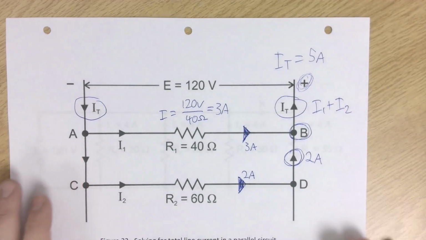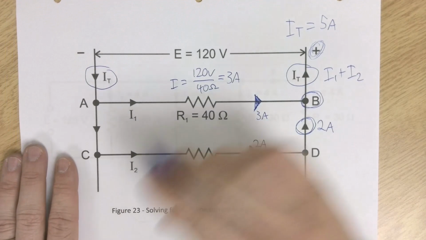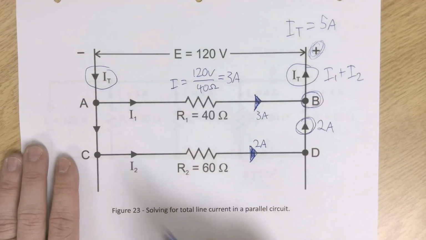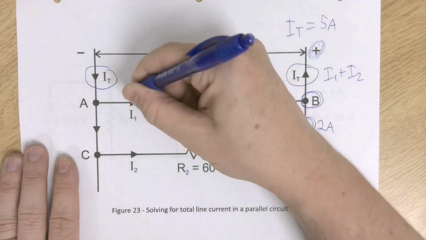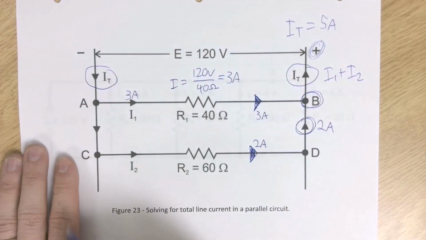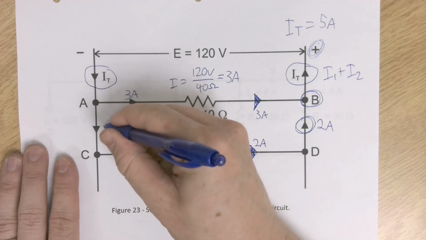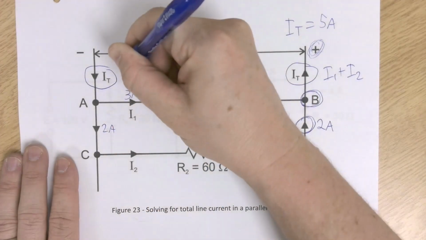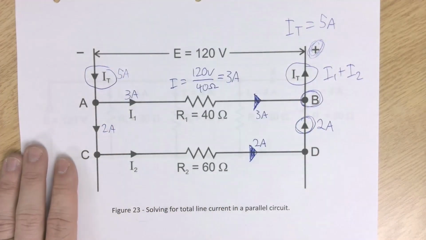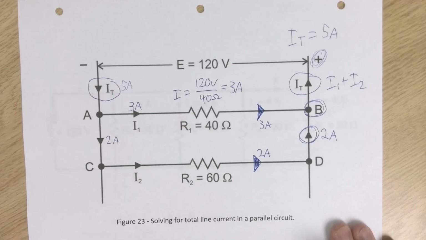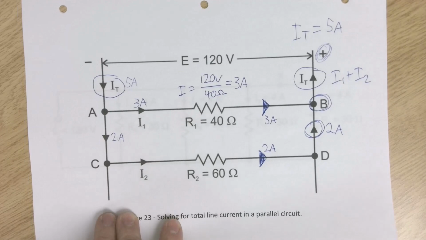And if it helps, you can just go through and label all these different points of the circuit. So we know that there's 2 amps in here. We know there's 3 amps going through this branch after this junction. We know there's 2 amps here. We know we had a total of 5 amps going in. Okay, so that's one way to solve a parallel circuit.